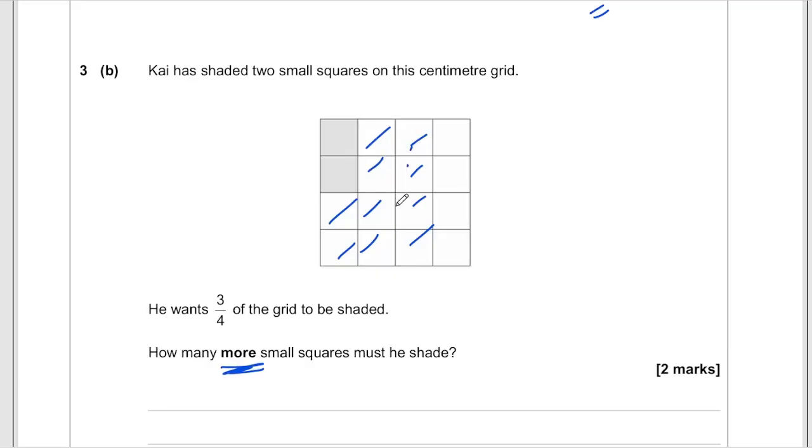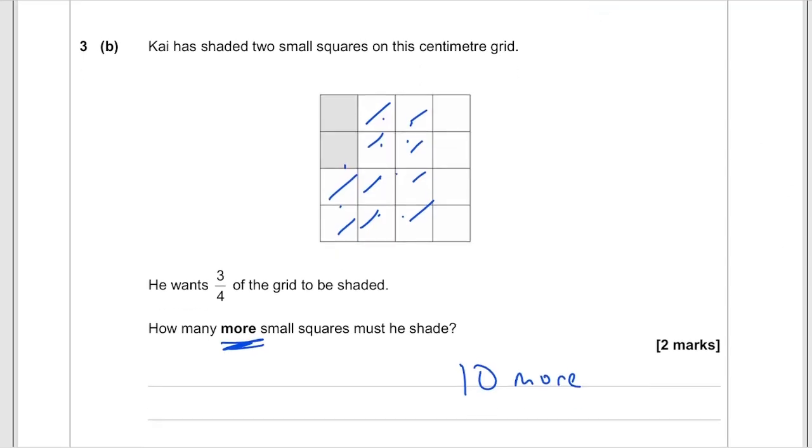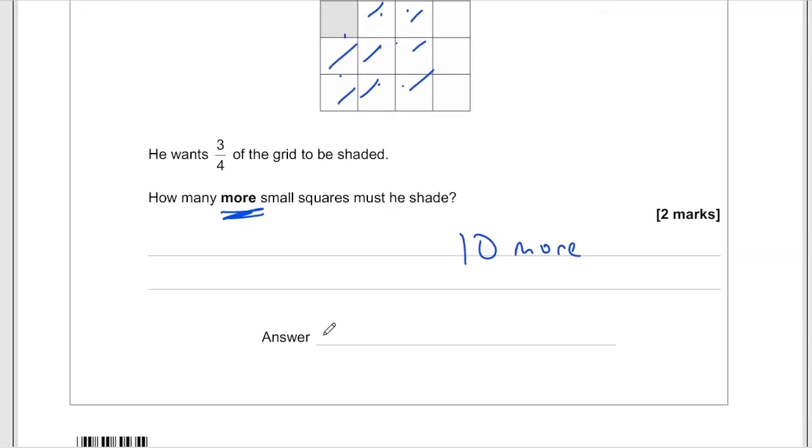Well, 1, 2, 3, 4, 5, 6, 7, 8, 9, 10. So he needs 10 more squares. If we don't put the 10 squares, you'll lose that second mark. Also on there you can see I've written the 10 more there. Make sure your answer goes on to your answer line.